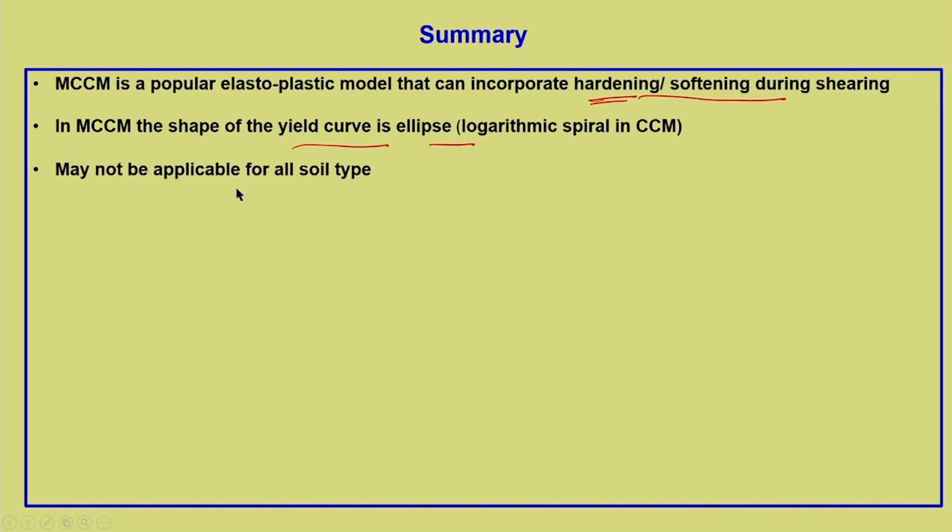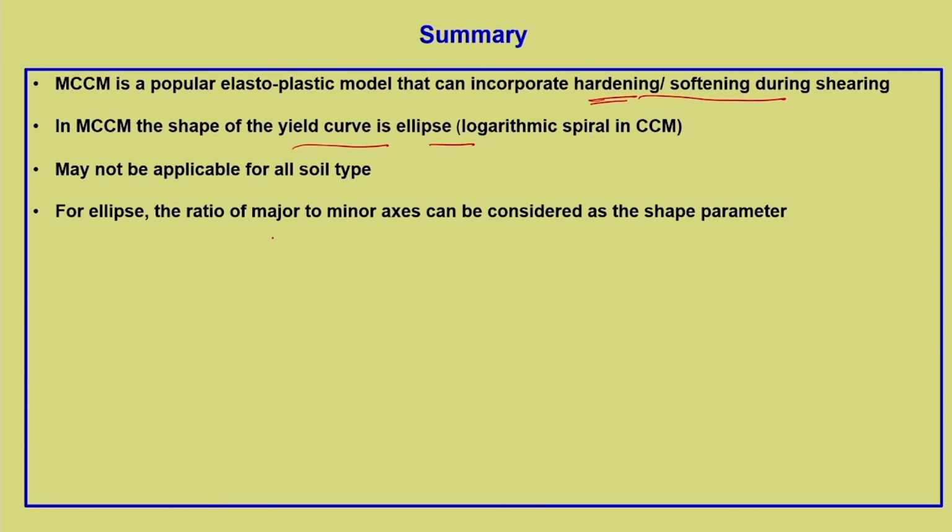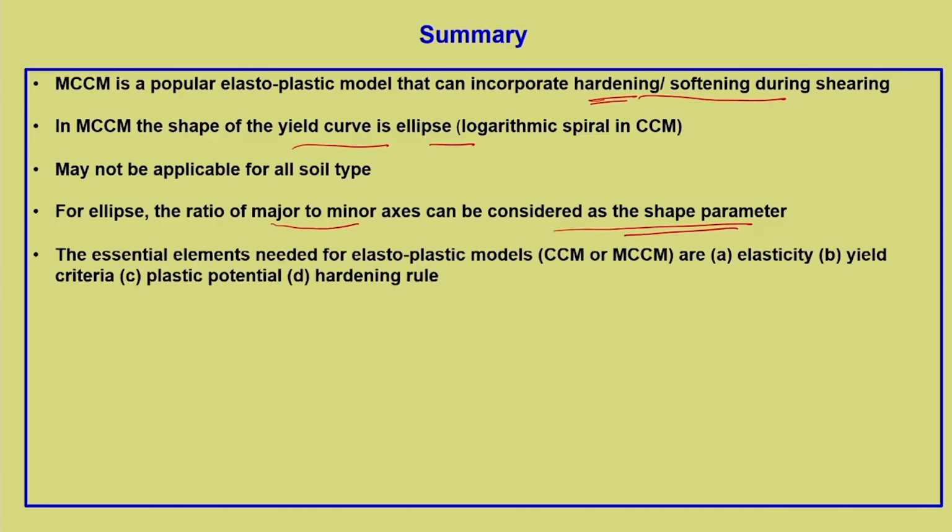It may not be applicable for all soil types, as I told, when we do mathematical modeling or mathematical definition we cannot make it generalized. So there will be some cases where it may not apply. For the ellipse, the ratio of major to minor axis is considered as the shape parameter, which accounts for further expansion.